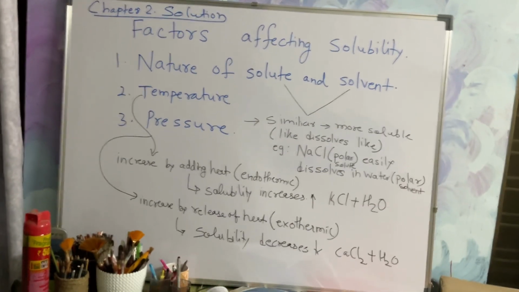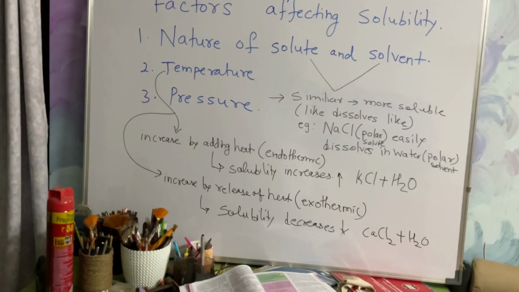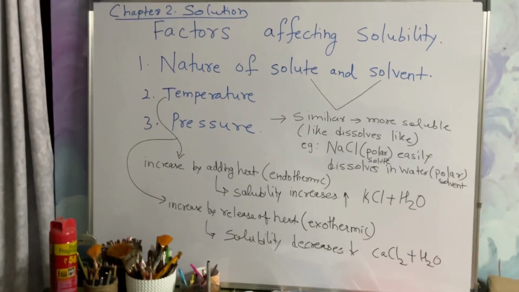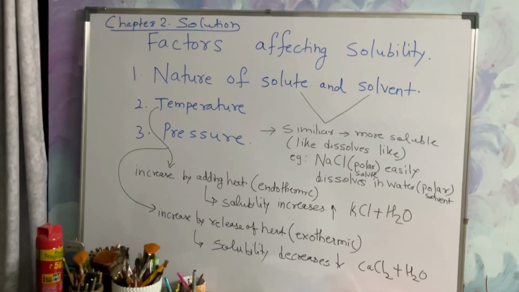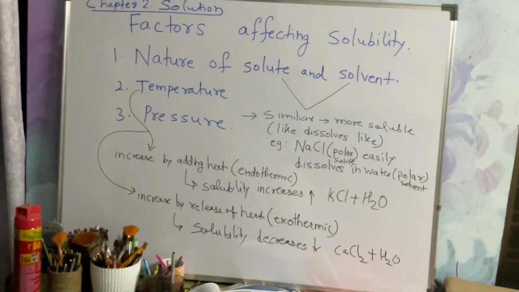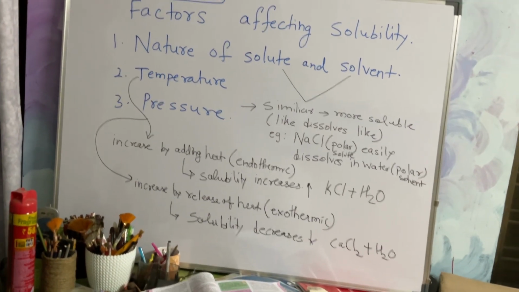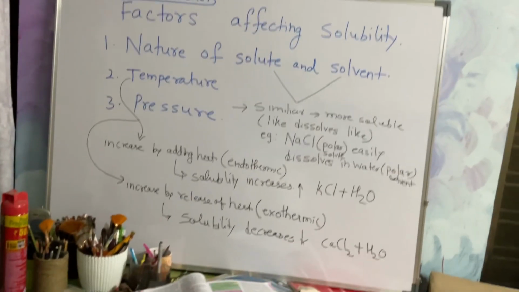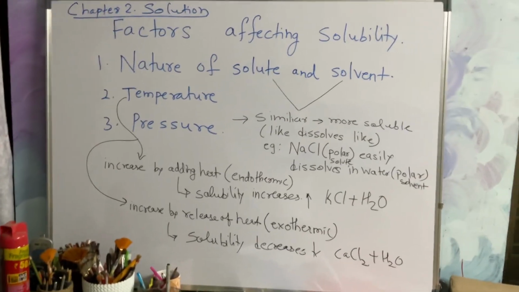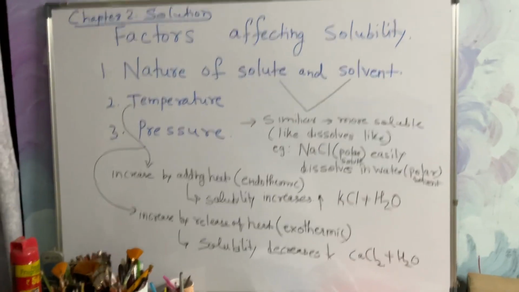And when there is less oxygen in the water, the fish would find it difficult to breathe and might die. So this is an important reason why the solubility decreases in case of a gas being soluble in a liquid. It is very clear that with the increase in temperature, the solubility would decrease.